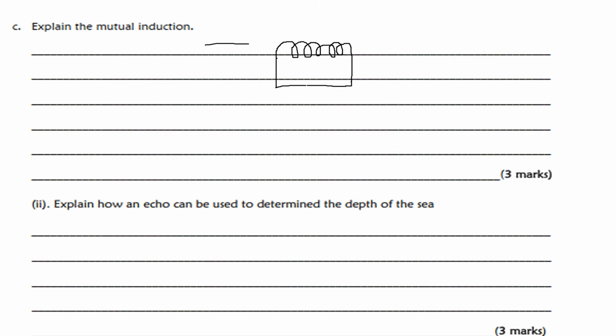My diagram is just sketchy. We have two coils that are placed side by side. So we have coil A and coil B placed close to each other. And here we have a magnet.